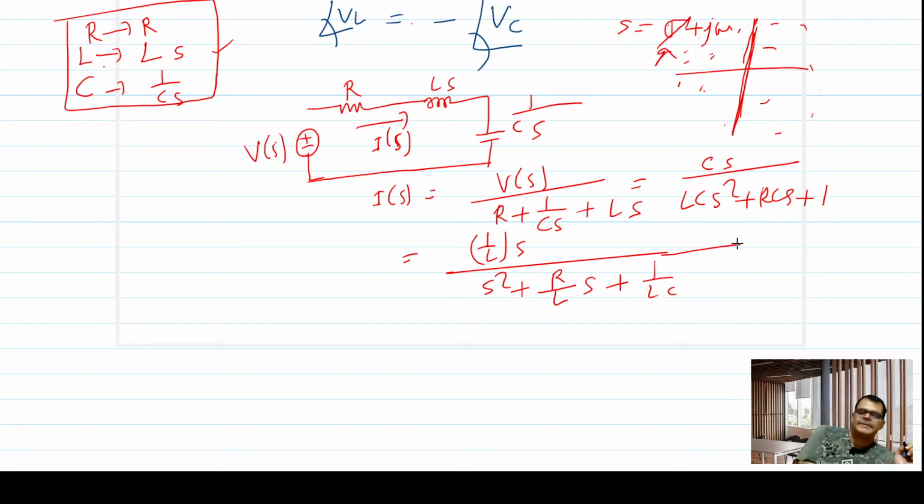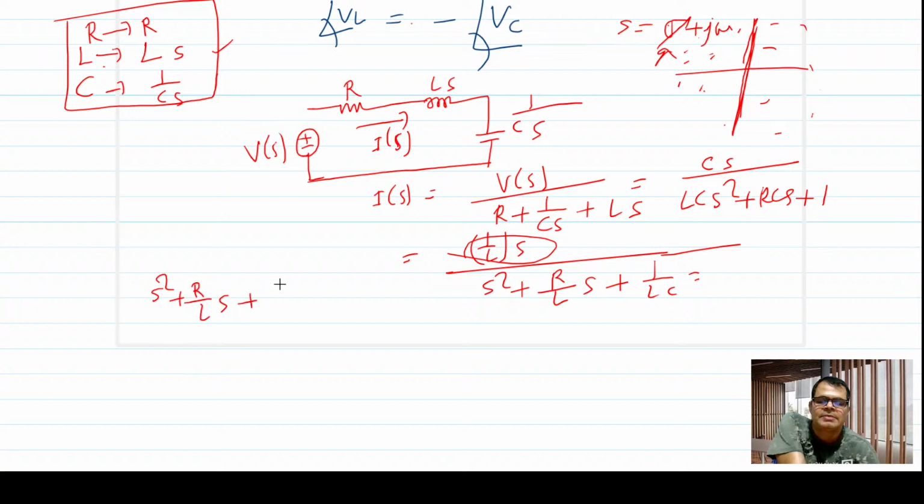Okay. So now come to this point, you will find the one critical resistance. Critical resistance, why am I telling it, because it has significance. First of all, forget whatever is in the numerator. This is called the characteristic equation. Come to the characteristic equation: s square plus R upon L s plus 1 upon LC equal to 0.